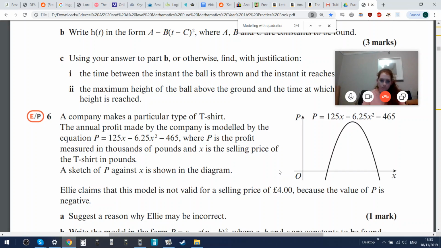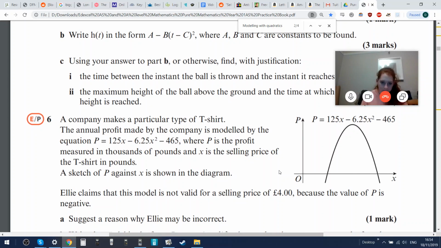How about part A for this one? Would it be because there is no profit, or is that what Ellie's trying to say?